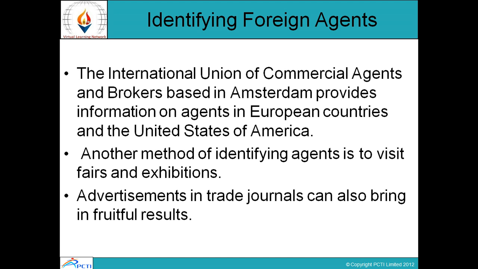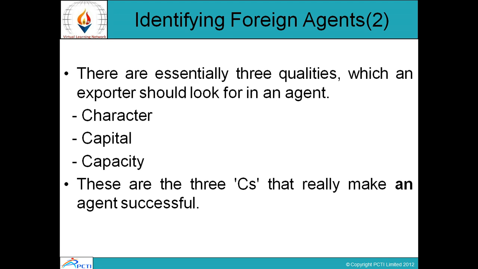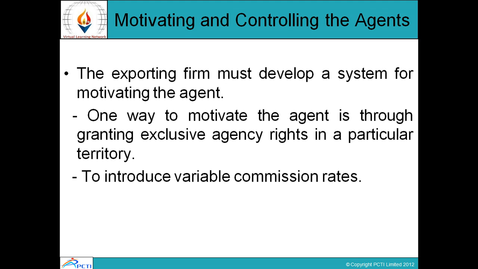Advertising in trade journals can also bring about a fruitful result, right? There are essentially three qualities which an exporter should look for in an agent: what kind of character he possesses, what is the capital that he could invest, and what is the capacity. So they are the three C's that should be looked into.